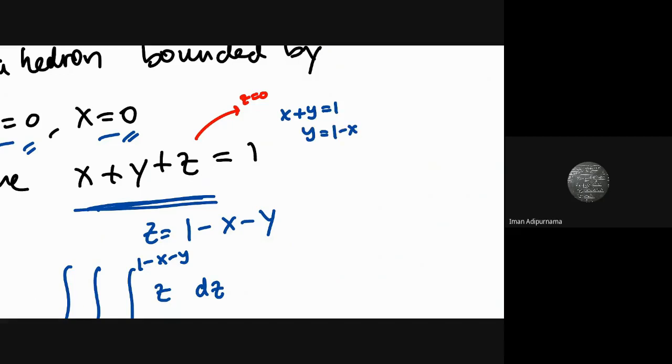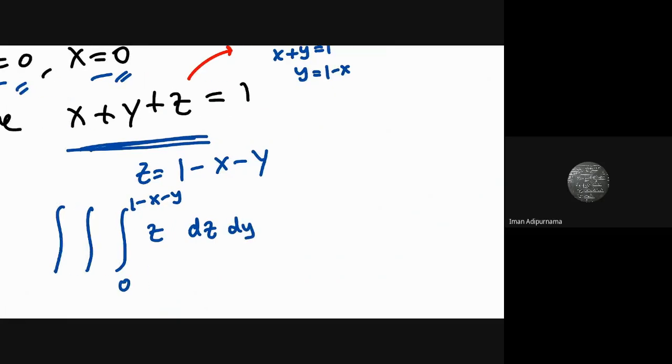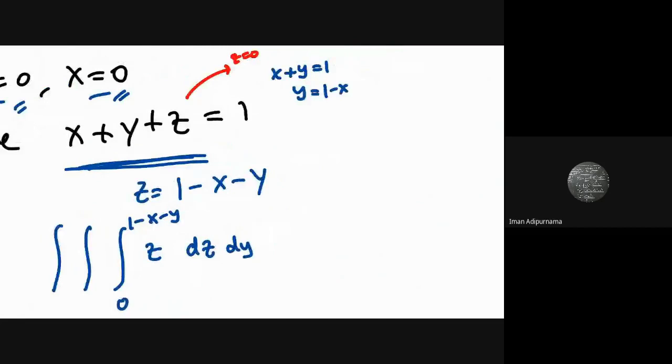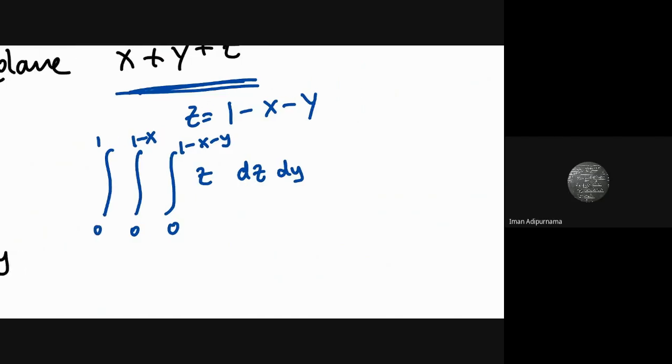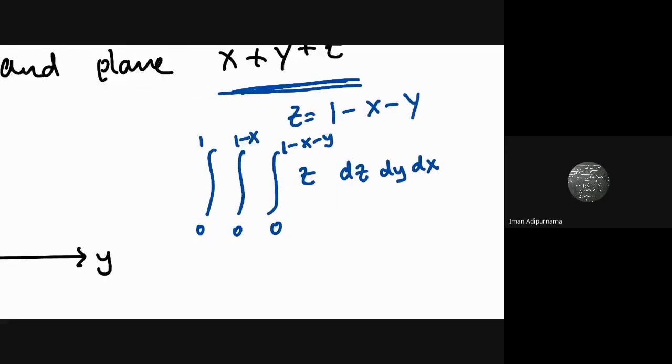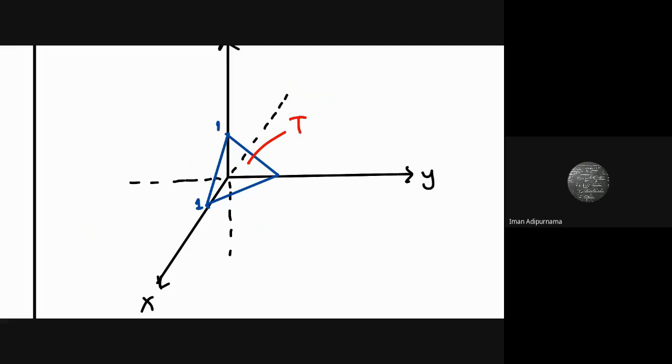So let's start with y. So dy starts from 0 to 1 minus x. And then dx is the constant, 0 to 1. This is 1, 1, 1.